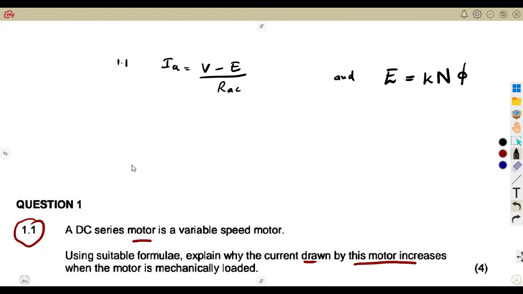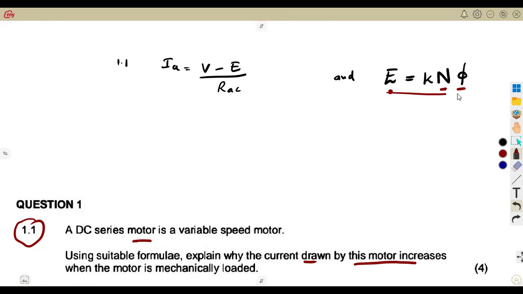Remember, your E was going to be taken from your motor's constant, speed and the flux. Remember, these two, they are proportional. We can see a relationship happening between the back EMF, which is the induced EMF, the speed and the useful flux.